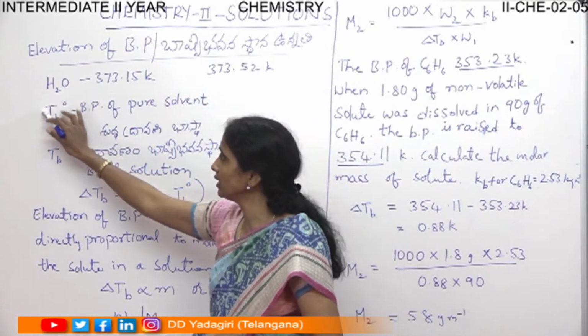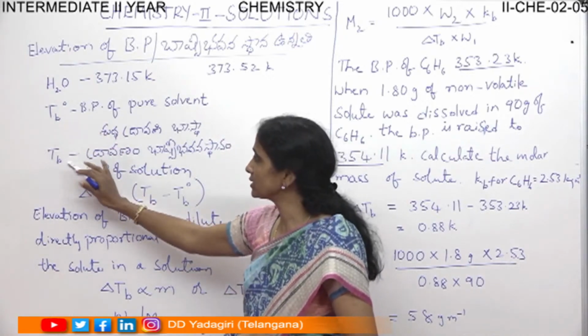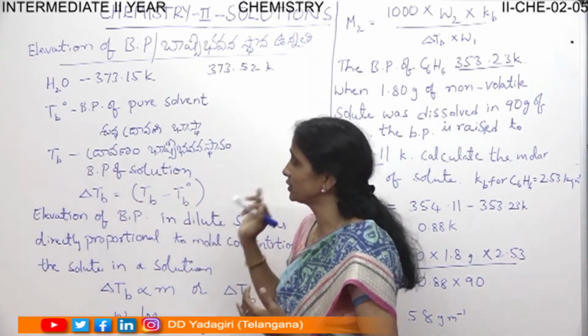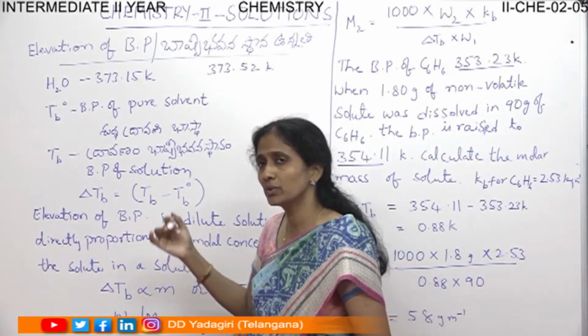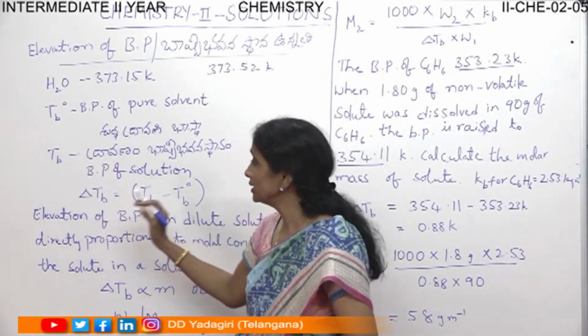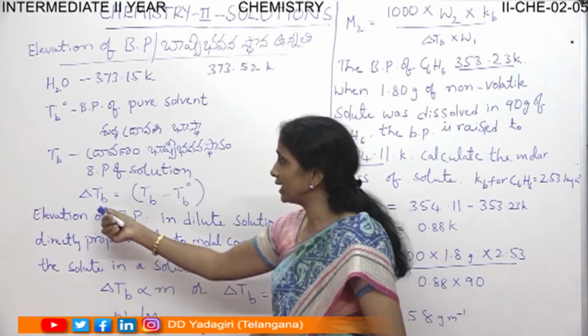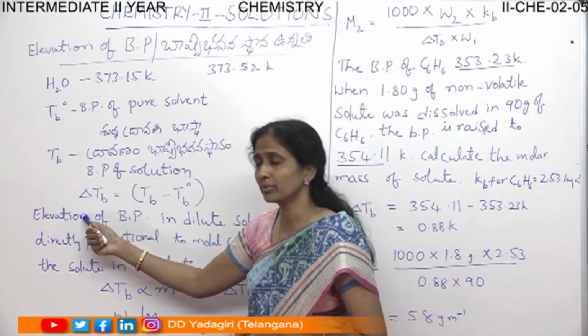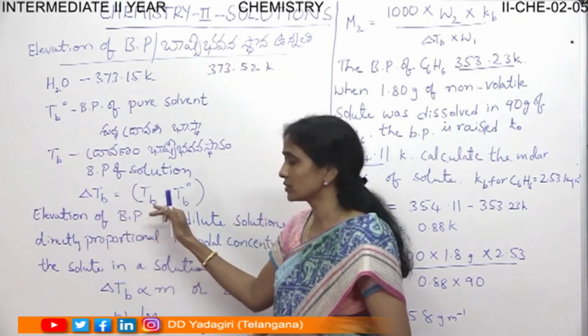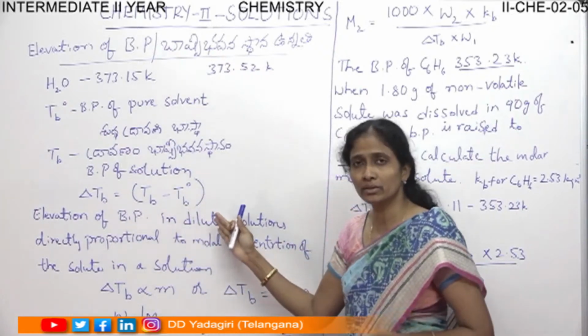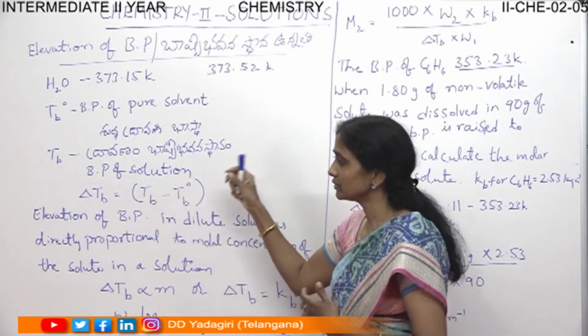Next, the boiling point of the solution is TB. We are writing the difference of boiling point here: delta TB equals TB minus TB naught. This is the difference.